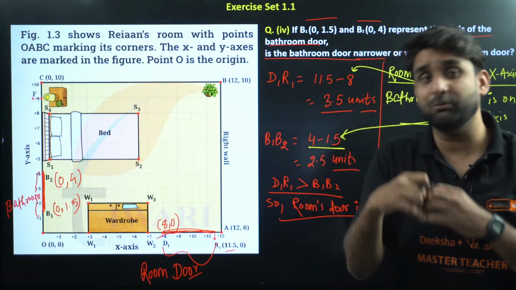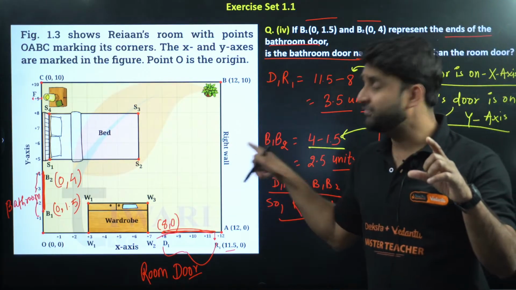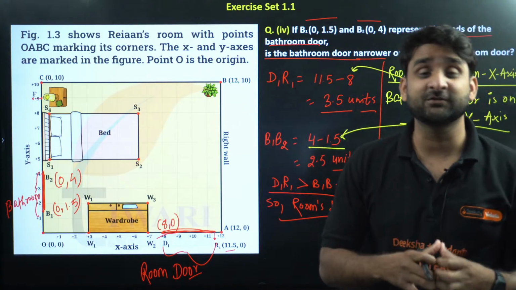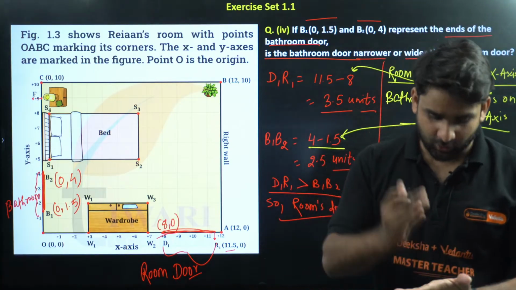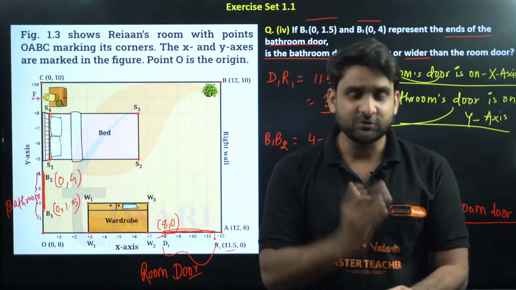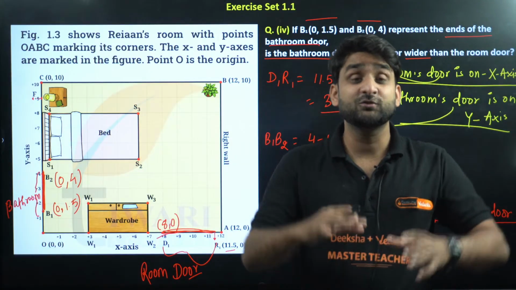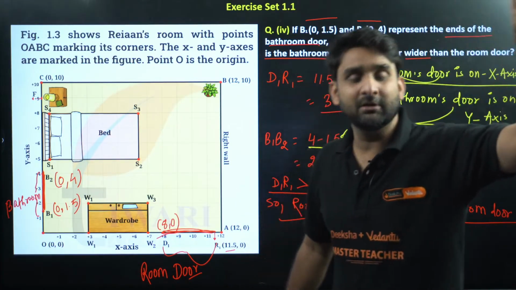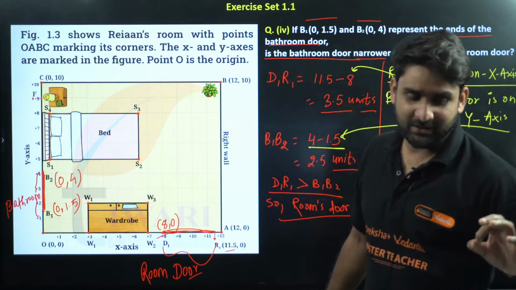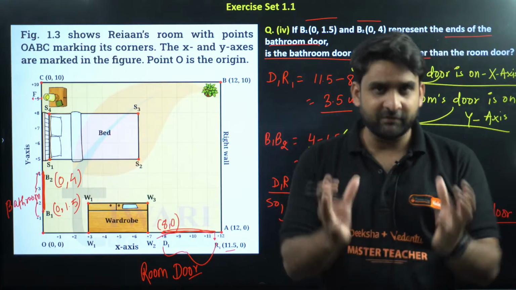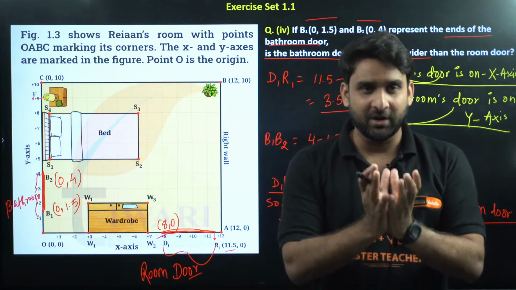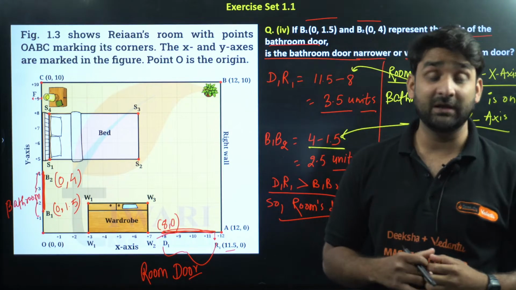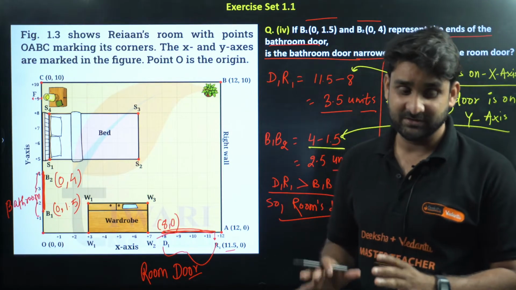I have already uploaded one more video of this chapter in which I have explained the basics of coordinates, x coordinate, y coordinate, what is a quadrant, which is called ordinate, which is called abscissa, what is called the Cartesian plane. If you don't have an overview of axes and coordinate geometry, please go and watch that video. That will give you a little bit of clarity on these things.